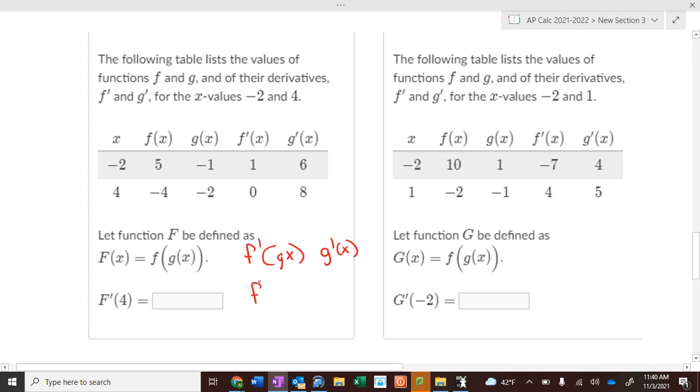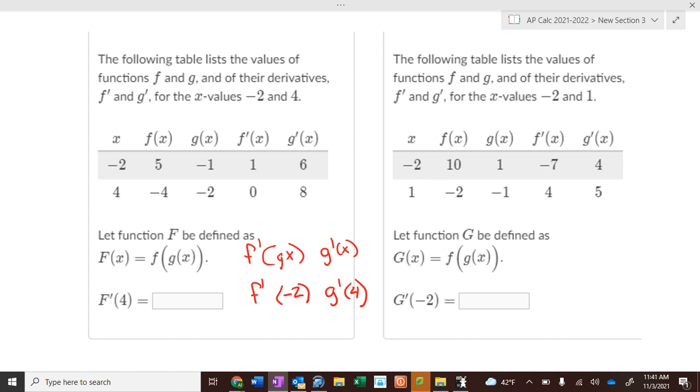So we're taking the first derivative of f at negative 2 times the first derivative of g at 4. Because this g of 4 is negative 2.